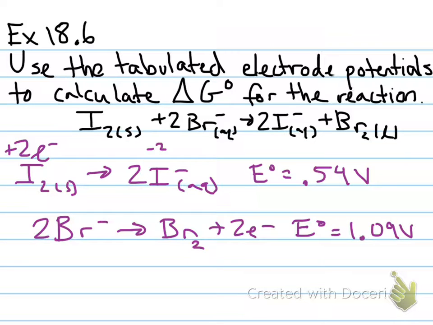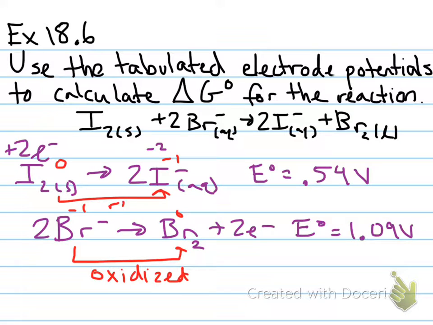What is our cathode and what is our anode? Bromine is going from a charge of -1 to 0. Since it's going to a more positive charge, it is losing electrons, so this is oxidized. And iodine is going from a 0 charge to a -1 charge, so it is gaining electrons, so it is reduced. So that means our anode is going to be our bromine reaction. This is going to take place at the anode, and our iodine reaction will take place at the cathode.